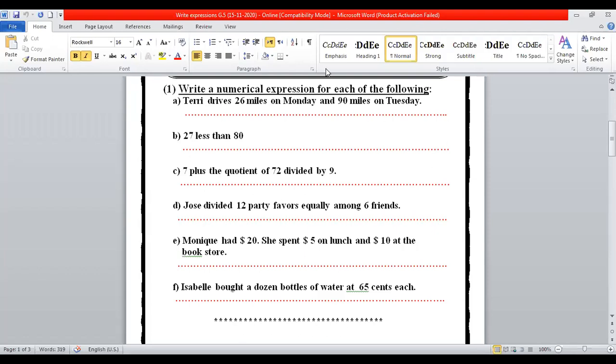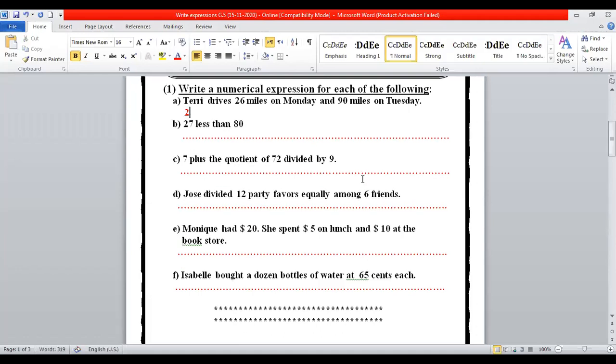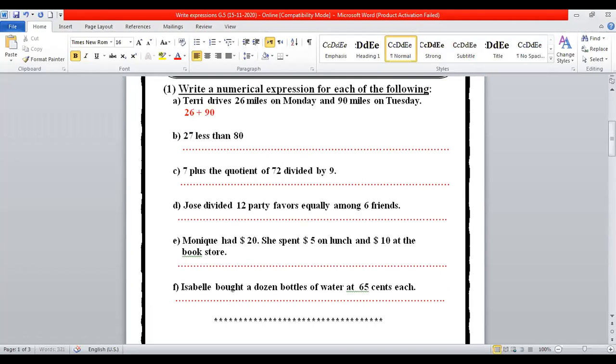Write the expression. Here will be 26 plus 90, plus 90 only. Yes. Okay.